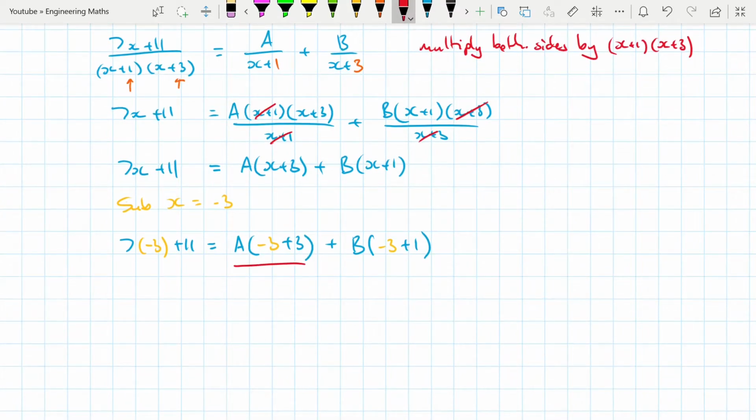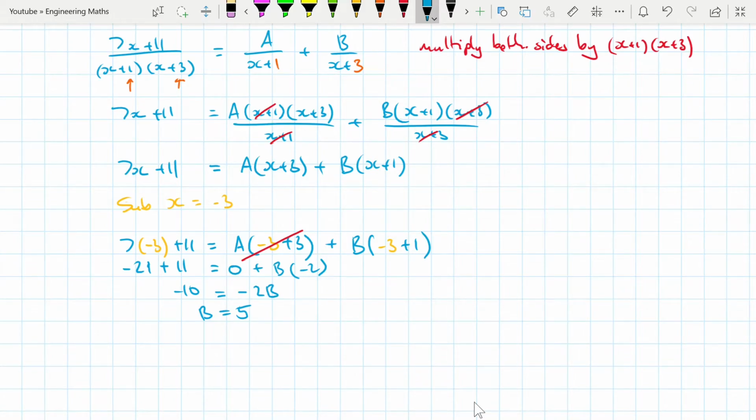We can see here that A multiplied by (-3 plus 3) is A multiplied by 0, which is just 0. Which means we can just get rid of this and continue solving. So we would get -21 plus 11 equals 0 plus B times -2, which is -10 equals -2B, which means B equals 5.